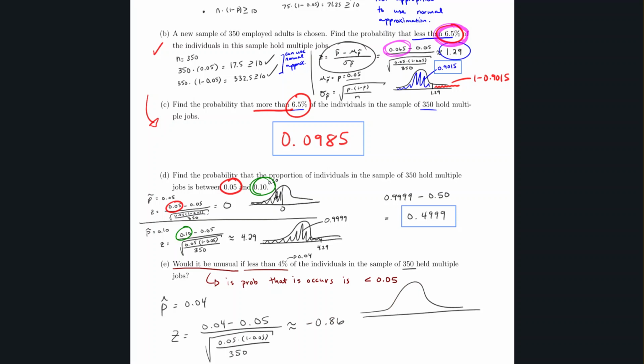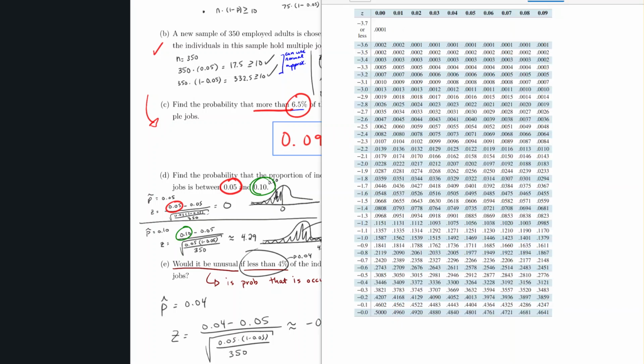The chart automatically gives you values to the left, which, let's check our phrasing, said less than, so we do want to the left. So what we get from the chart will be our exact answer. Let's bring up the chart. Okay, negative 0.8 row, negative 0.06 column, and I get 0.1949.